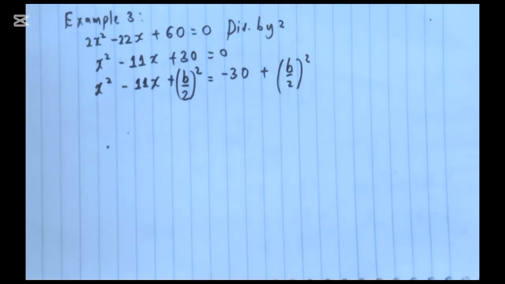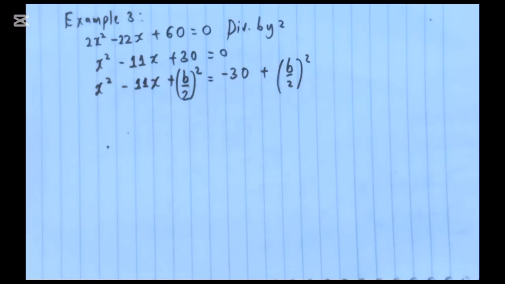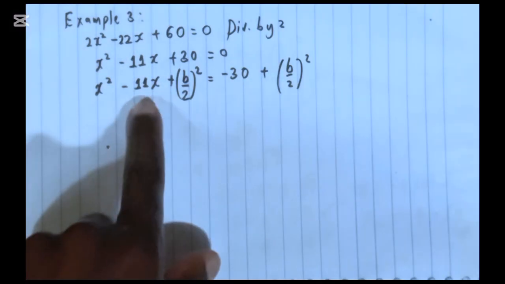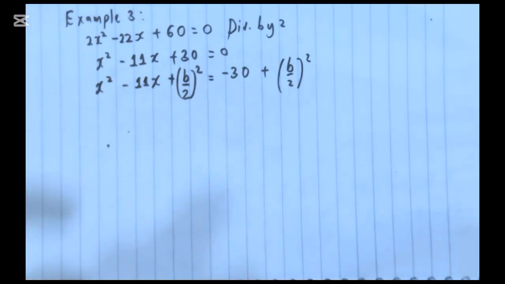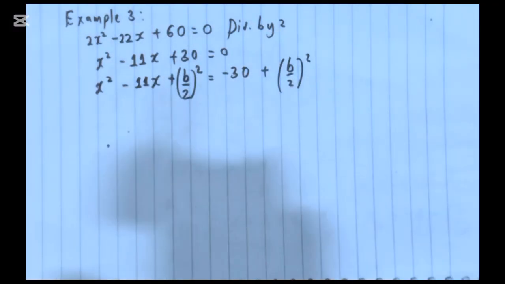Awesome. So we look at our expression here, and we can already tell what the value of b will be. The value of b will be negative 11, as that is the coefficient of x. So we will rewrite the whole expression with negative 11 in place of b.